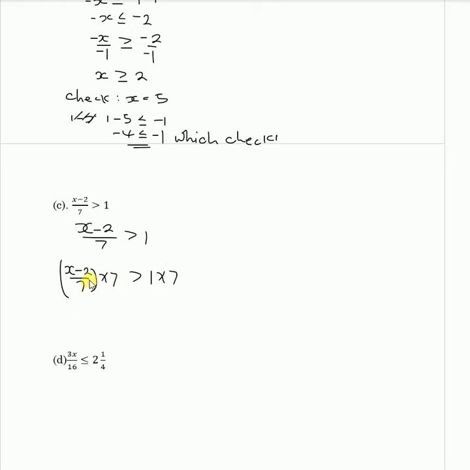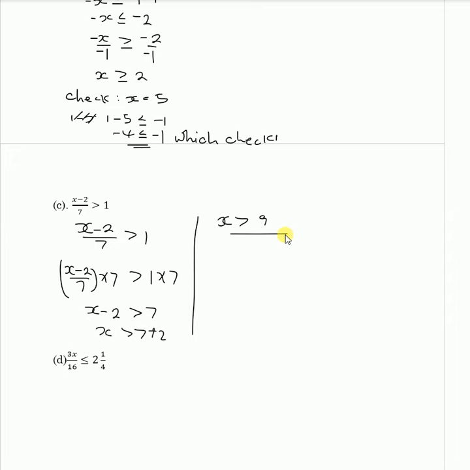So this 7 will go with that 7, and I remain with x minus 2 greater than 7. x is greater than 7 plus 2, and I finally have x greater than 9.